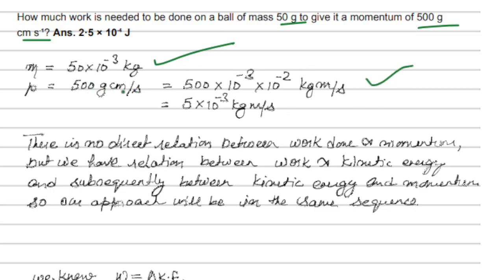For gram we put kilo, so kilogram should be there, so I write 10 raised to power minus 3. Then centimeter, because we just want meter, we put 10 raised to power minus 2. Then it comes as 5 into 10 to the power minus 3 kilogram meter per second. This question is testing conversion, so you should be good at it.